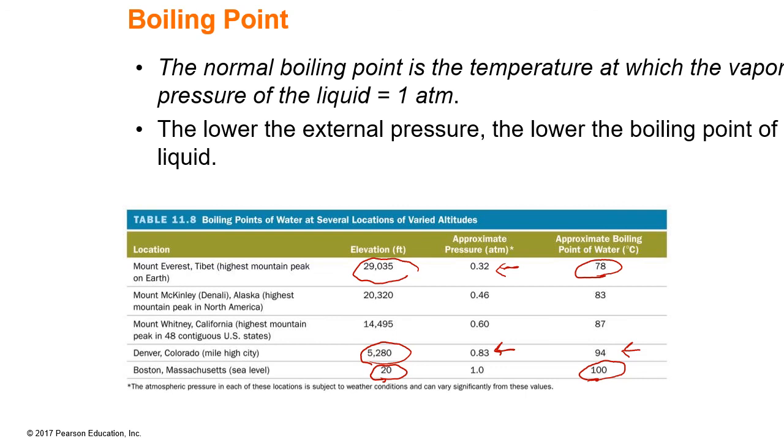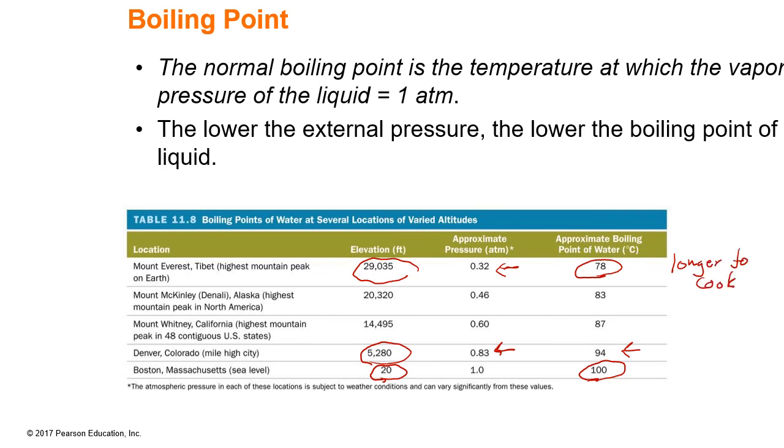So the water boils at 78 degrees Celsius on Mount Everest versus 100 degrees in Boston. Now this does have consequences for cooking food, and it may seem counterintuitive, but it takes longer to cook at a higher elevation.